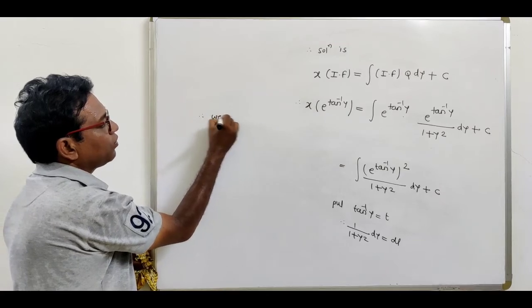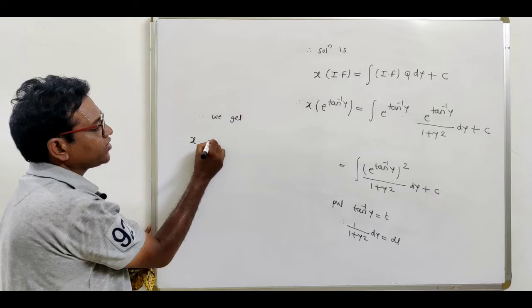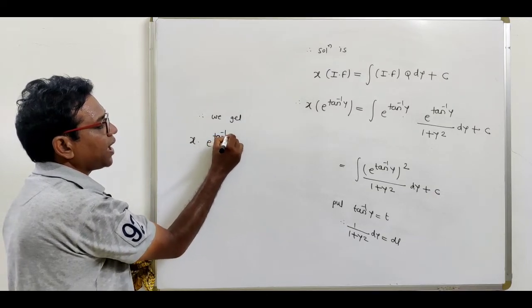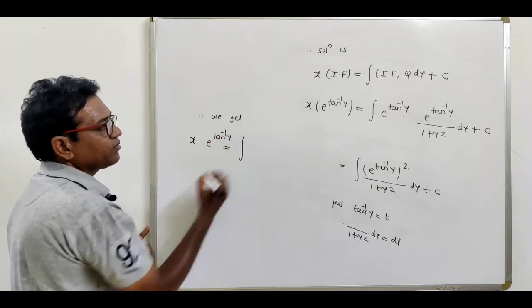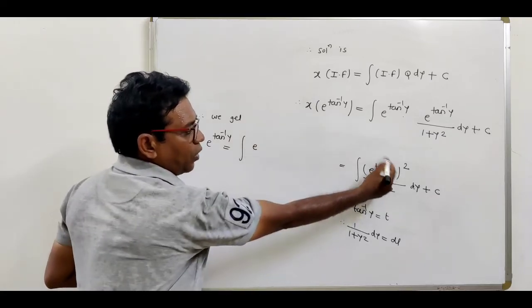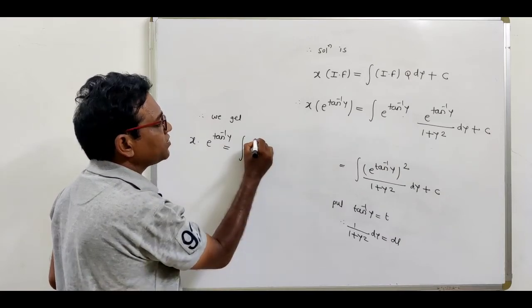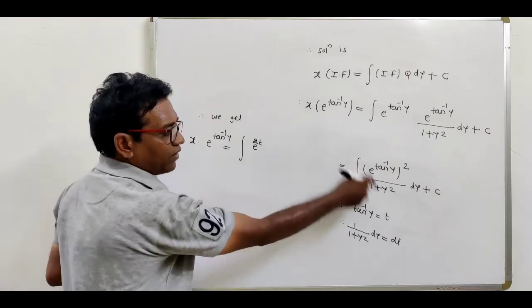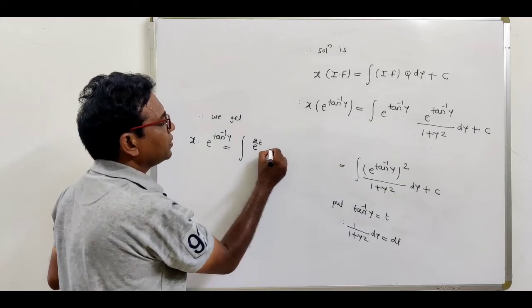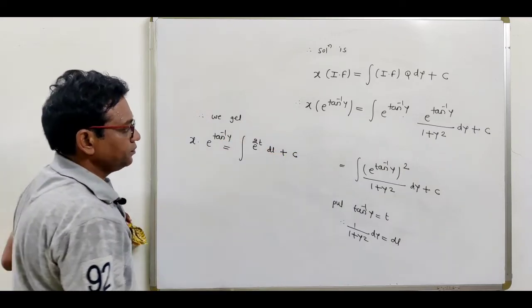So therefore, what do we get? The left hand side is x into e raised to tan inverse y. This is equal to the integral of e raised to, now put tan inverse y is equal to t, bracket square means it is 2t, and 1 upon 1 plus y square dy is dt, plus constant of integration.